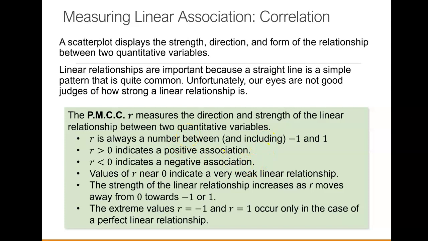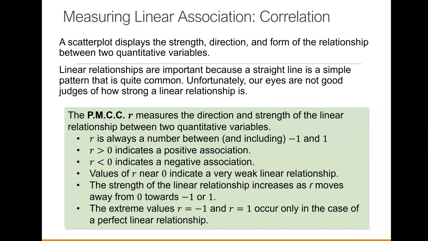So some facts about this statistic. R is always between the numbers -1 and +1. Positive R's indicate a positive correlation. Negative R's indicate a negative association. If your R is near 0, that indicates a very weak linear relationship. An R value of actually 0 is kind of just a theoretical possibility.